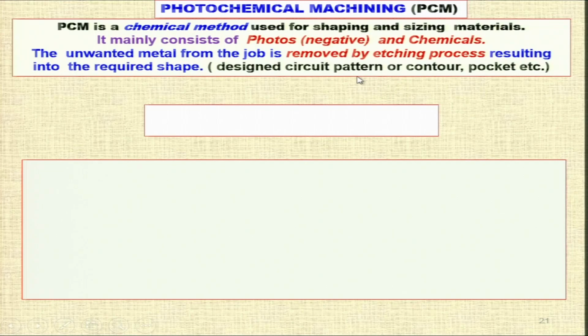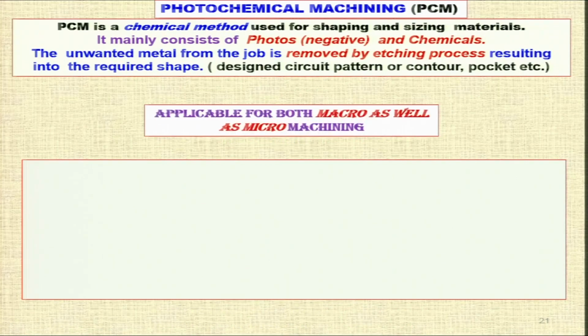Designed circuit pattern or contour, pocket, etc., PCB, printed circuit boards, etc., are prepared by this particular process very efficiently and accurately. Applicable for both macro as well as micro machining.